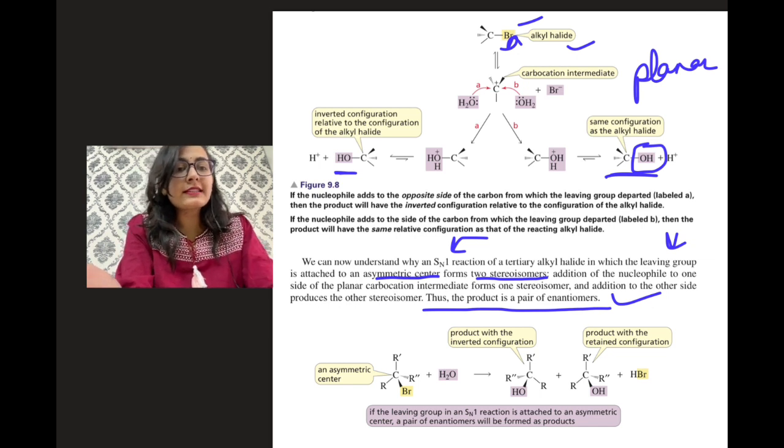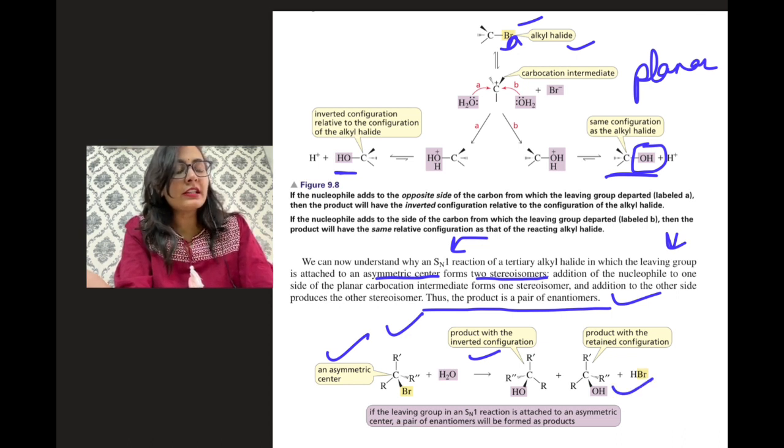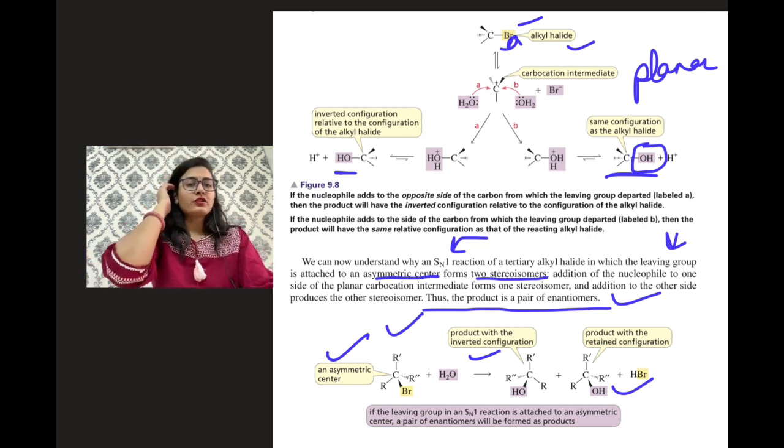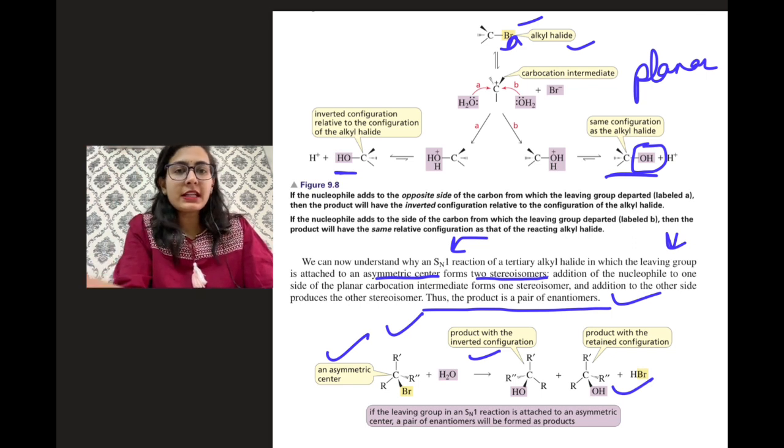So let's say here we have R', R and R'', which makes this carbon an asymmetric center just like this, and that's why we are going to get two products. The one with the inverted configuration, where the Br is on the opposite side as the OH, and on the other product the OH is on the same side as the Br. So this is the retention product. So these are the basic things that we know. We kind of have an idea about the SN1 reaction.